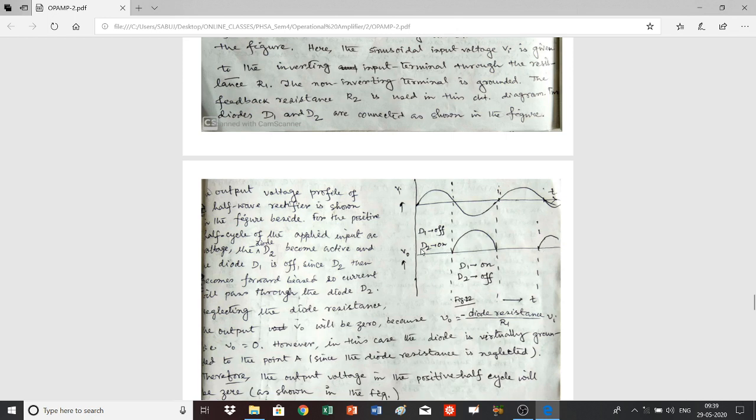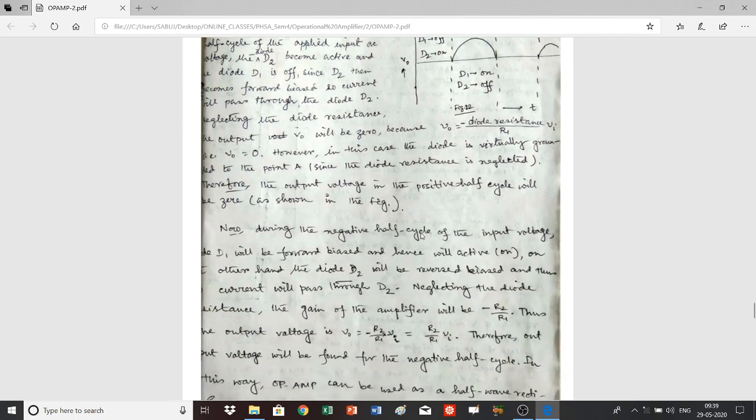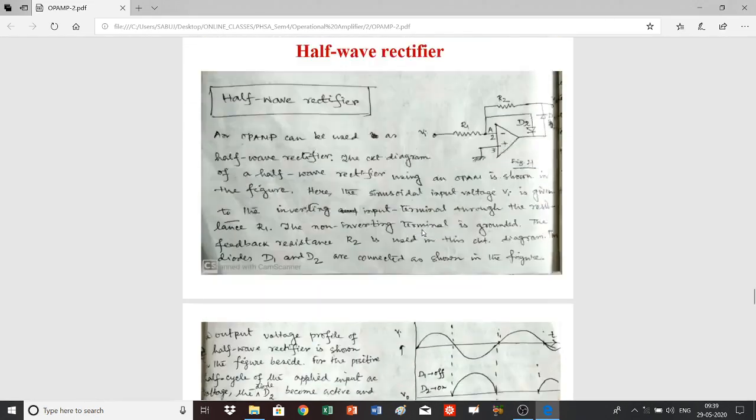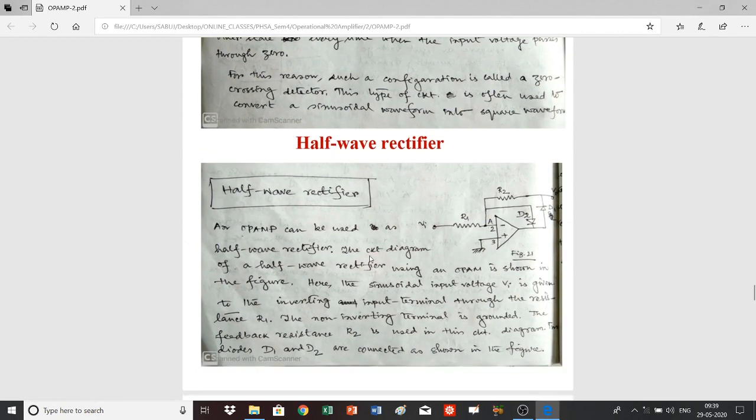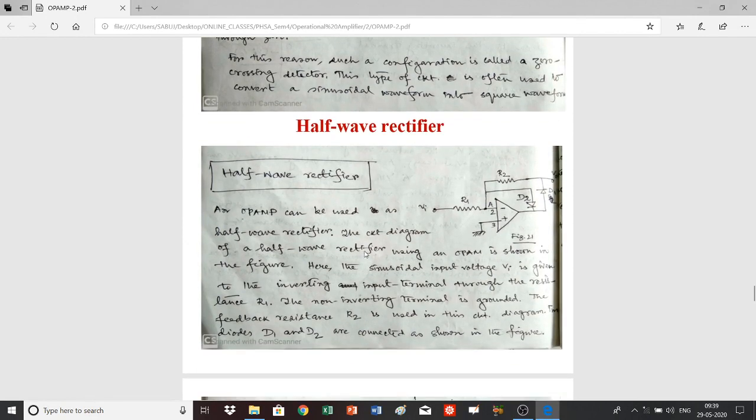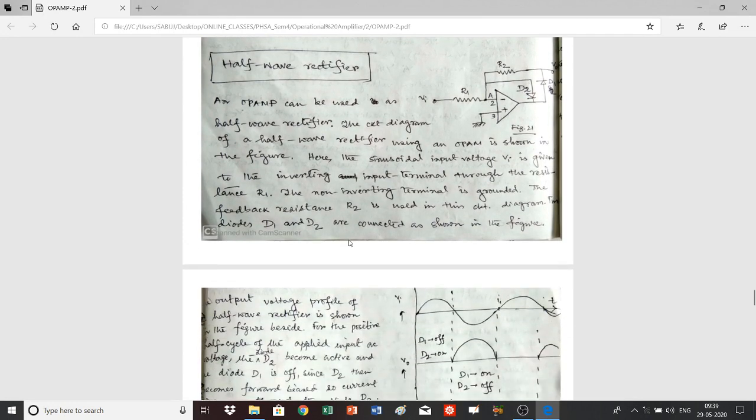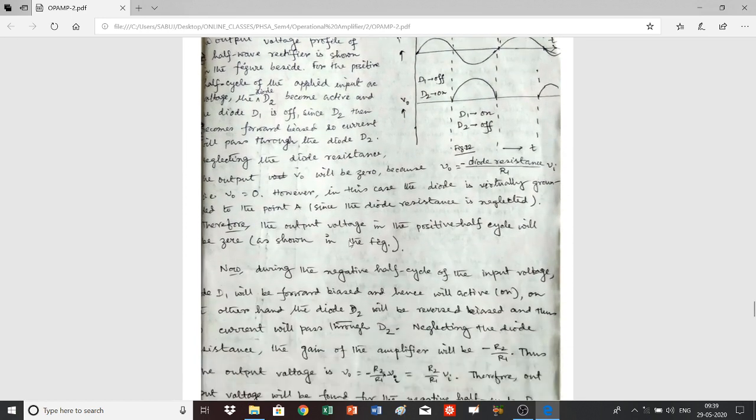So we will observe the output voltage only for the negative half cycles, but not in the positive half cycles. And in this way, op-amp can be used as a half-wave rectifier, although the rectification function is defined as we find in the case of an ordinary rectifier.